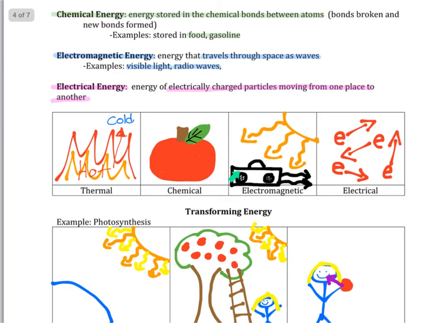And then I also drew a radio because sound waves travel to us through waves. And finally, for electrical, I drew little e's, and those are standing for electrically charged particles that are moving from one place to another in different directions. And we'll talk more about how that occurs later on.